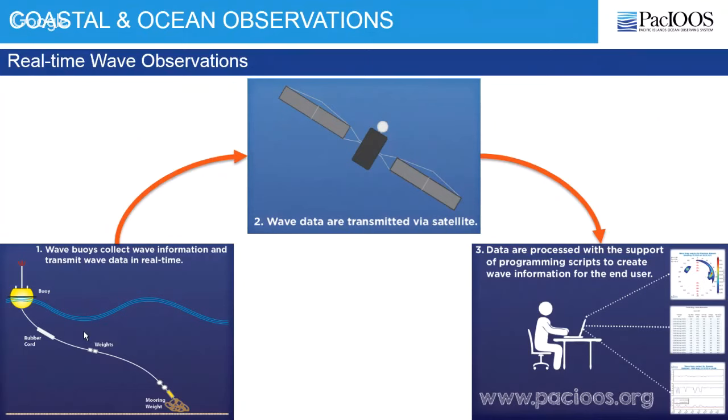If there were something like a tsunami, those waves have much longer periods. Those wave rider buoys are not tsunami buoys, so they would not detect a tsunami. You might be able to tell that there's something different, but this is not the type of buoy that would be used to detect tsunamis.